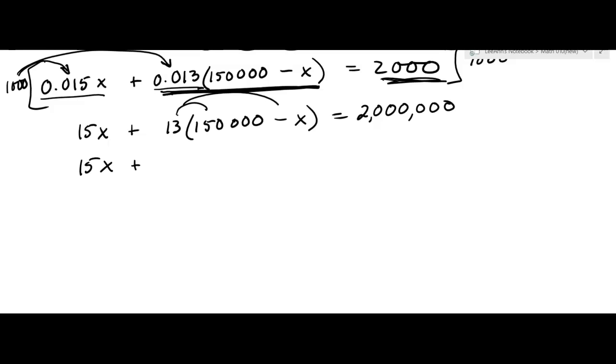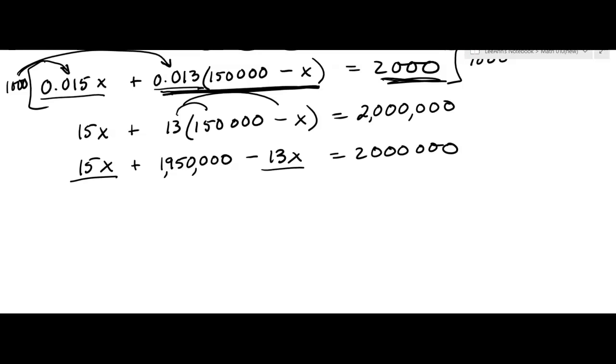What's 13 times 15 and then all those zeros? 13 times 15 is 195, and then 4 zeros, 2, 3, 4. Okay, minus 13x.